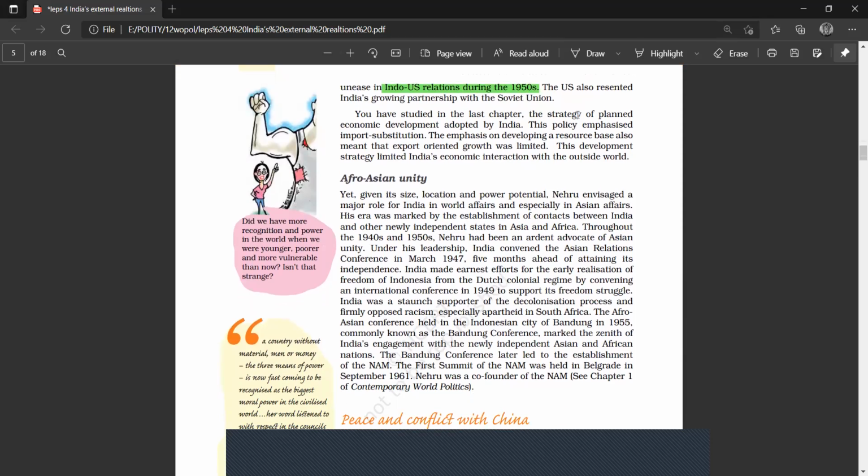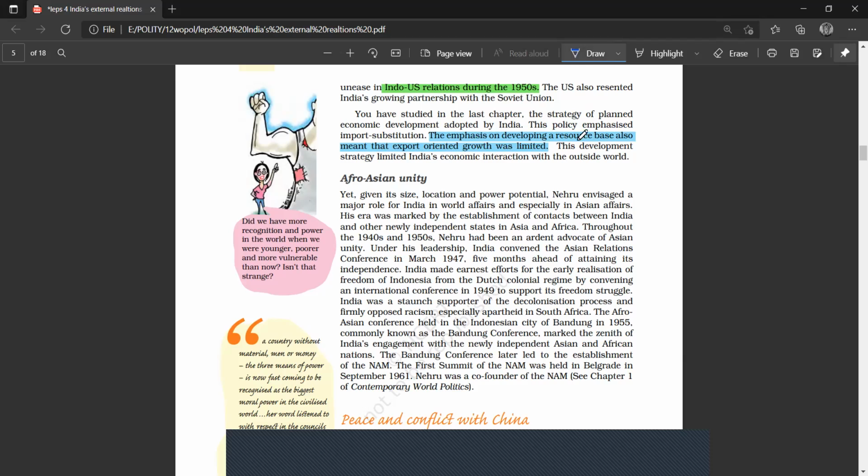You have studied in the last chapter the strategy of planned economic development also adopted by India. This policy emphasized import substitution. The emphasis on developing a resource base also meant that export-oriented growth was limited. Why is that?